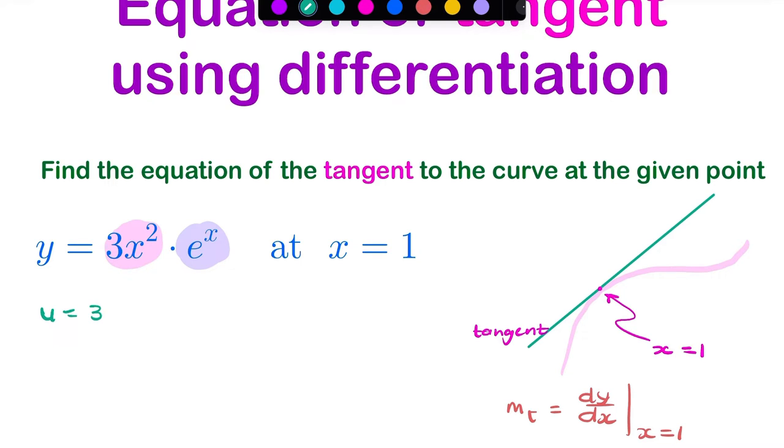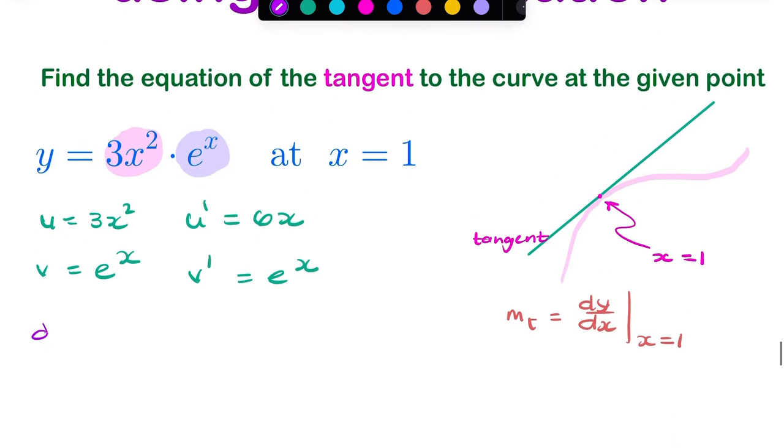u equals 3x squared, so u dash is 6x, and v is an exponential, and the derivative of the exponential is unchanged. We can then say that dy by dx, we use the product rule, remember that, it's u dash v plus u v dash.